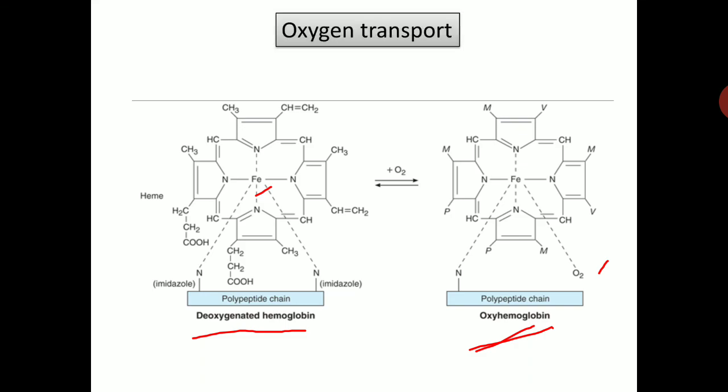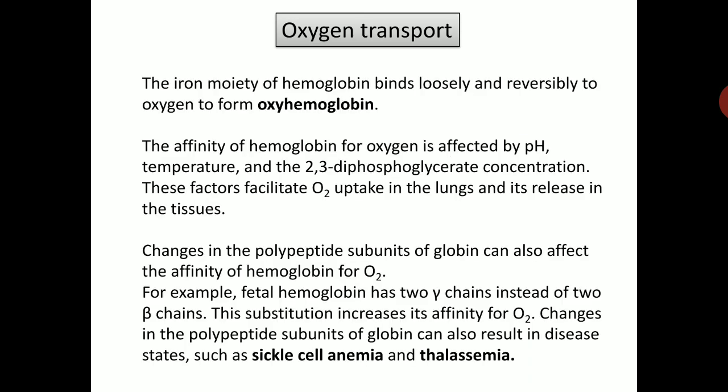So the important job of hemoglobin is oxygen transport and also carbon dioxide transport. The iron moiety of hemoglobin binds loosely and reversibly to oxygen to form oxyhemoglobin. The affinity of hemoglobin for oxygen is affected by pH, temperature, and 2,3-bisphosphoglycerate concentration, and these factors facilitate oxygen uptake in the lungs and its release in the tissues, which is called the Haldane and Bohr effect, which we will study in the next videos.